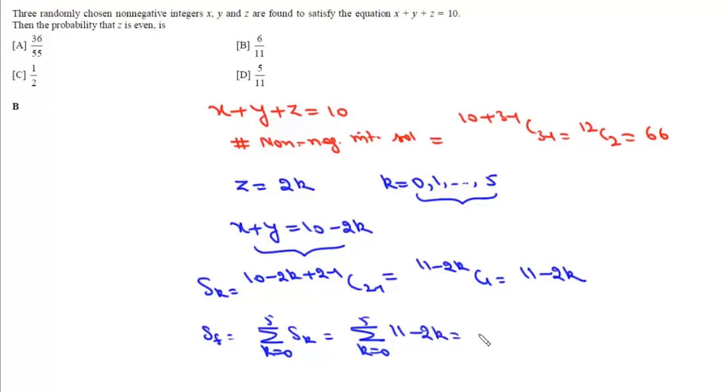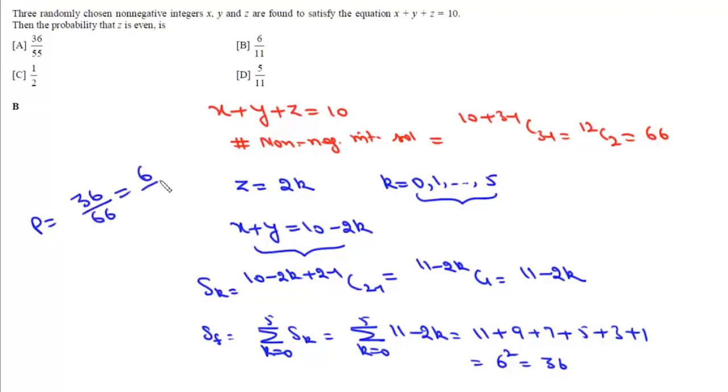Now this is 11 plus 9 plus 7 plus 5 plus 3 and plus 1, which is the sum of the first 6 odd natural numbers, and the sum of the first 6 odd natural numbers is simply 6 square, which is 36. So the required probability will be 36 divided by 66, which is 6 by 11, option B.